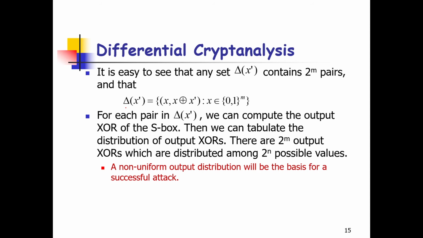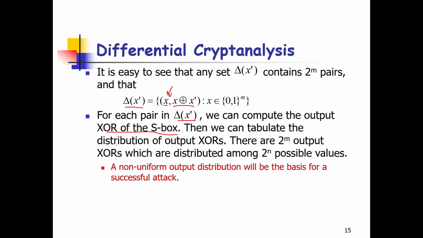So if we know the value of x dash, then we can find the value of the other input if we know one input. That is, if one input is x, then the other input should be x XOR x dash. Now, for each pair in delta x dash, we can compute the output XOR of the S box.